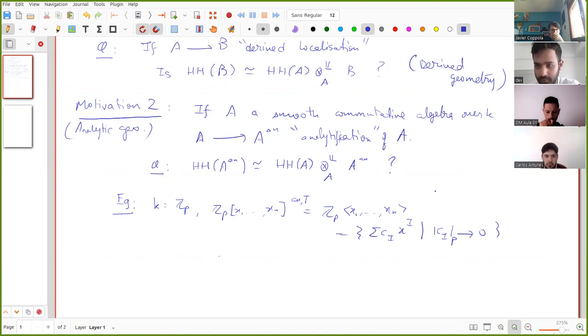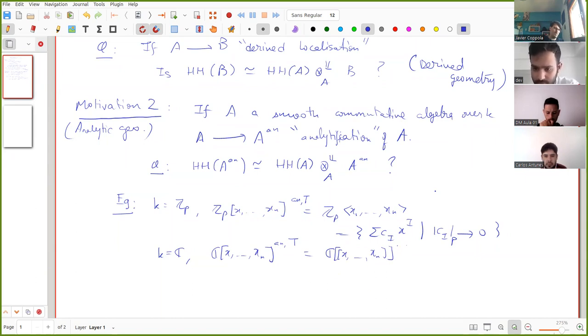You might also take the same thing if you don't know what the p-adic integers are. You can take the complex numbers. And then you can take the same kind of completion again. You can take the formal power series that are in some sense restricted.